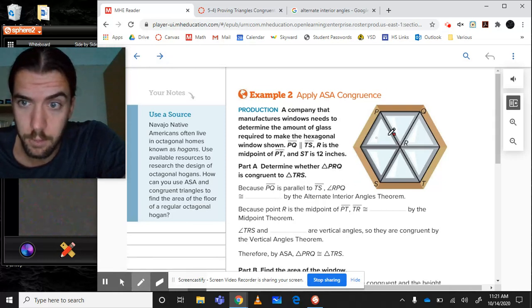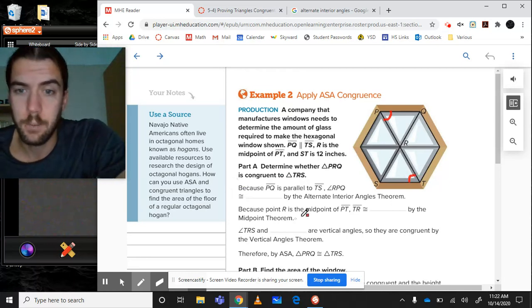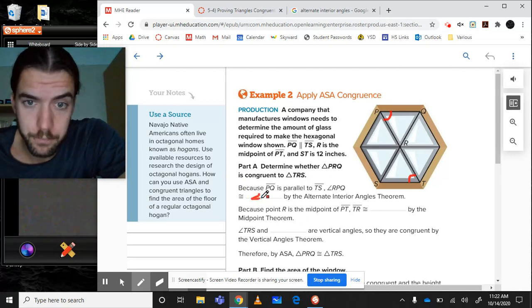Let's label these. RPQ is here. And RTS is here. And we're saying that these ones should be the same because of the alternate interior angle theorem. RTS.